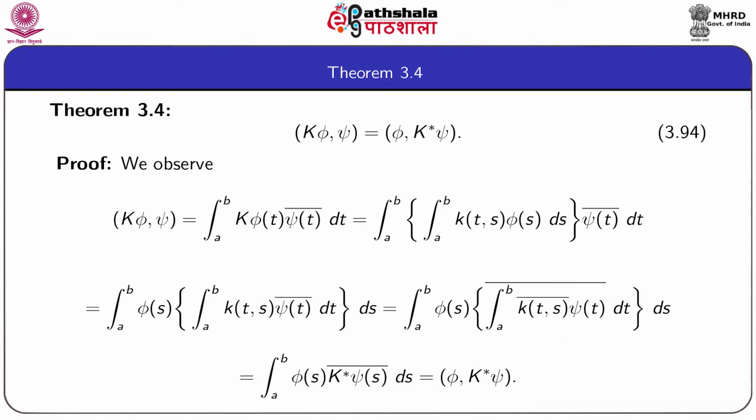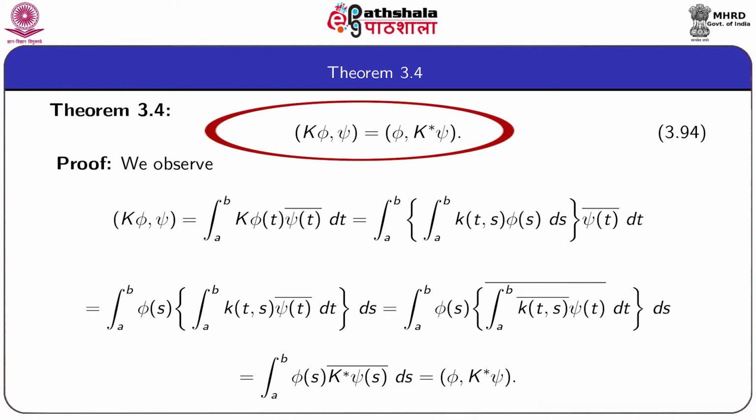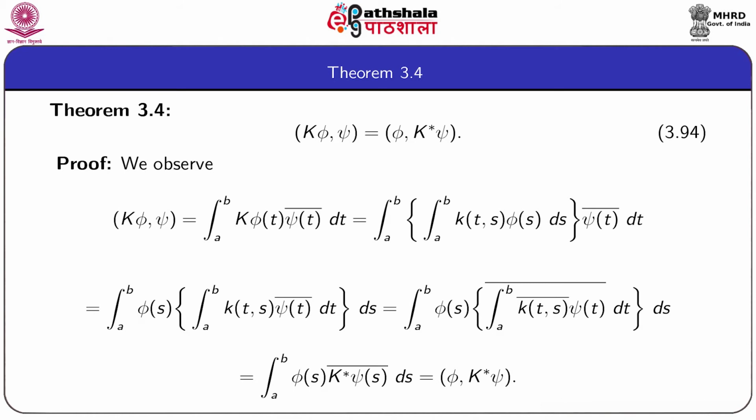Next we come to theorem 3.4. Here we have to prove that the inner product of K phi and psi is equal to the inner product of phi and K star psi.